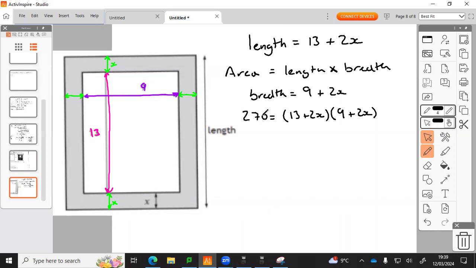And then it's just a case of breaking it up. It's a calculator paper. So 13 times 9, you're not doing it in your head. Okay, so 13 times 9, 13 times 2x is 26x. 2x times 9 is 18x. 2x times 2x is 4x squared.